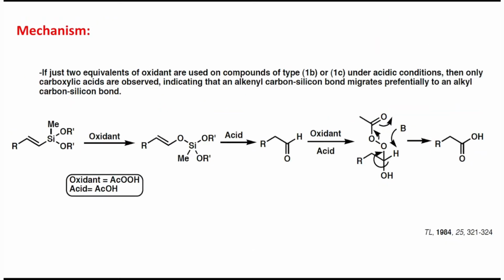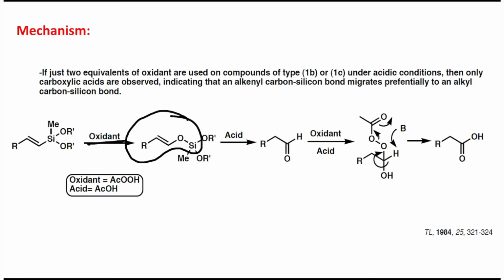Now how did this aldehyde get oxidized? See, in presence of oxidant, what happens? First, this part is converted into OSi, this enol ether. By the way, you may be confused, sir, how does this reaction happen?